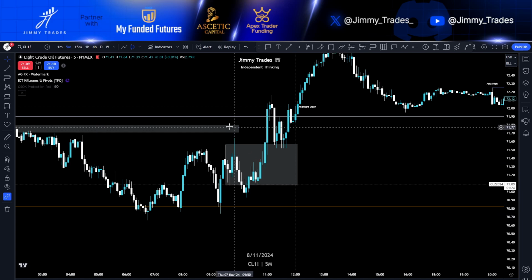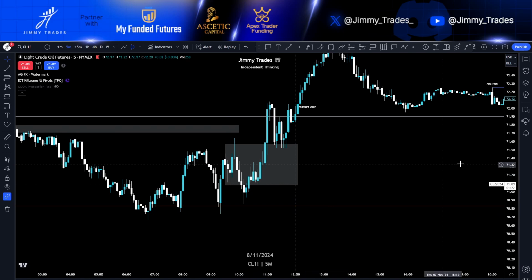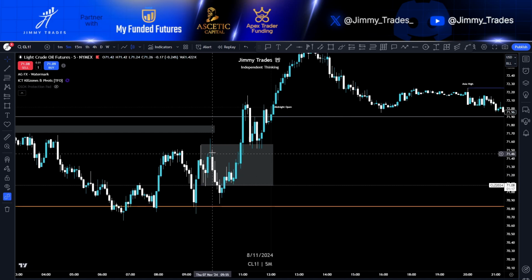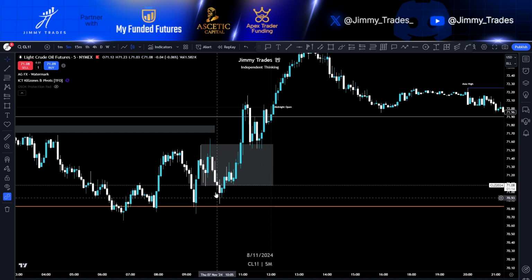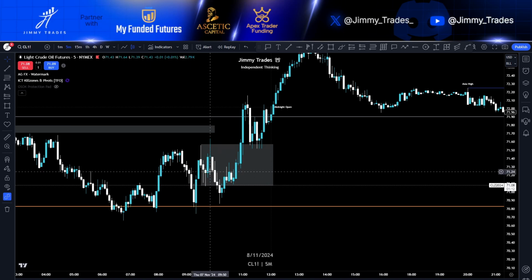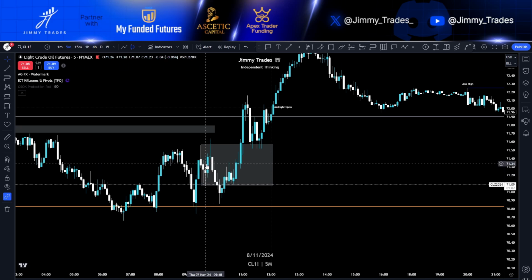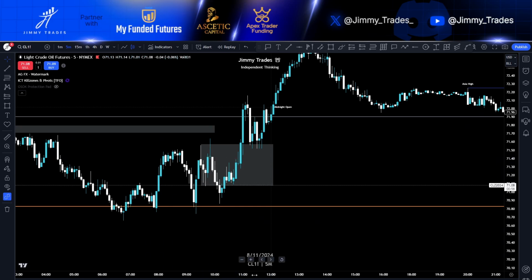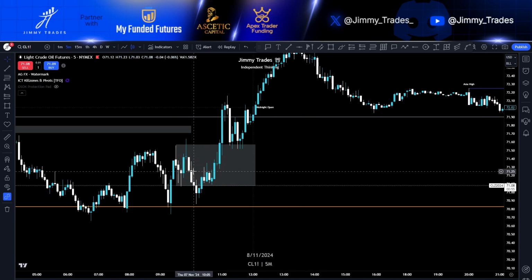Second thing is we didn't sweep a point of interest. So yes, we do have a breaker block. We do have an FVG aligned with the breaker block. And all those other concepts that I use do build into giving this part of the formation the idea that we might have a potential trade setup.